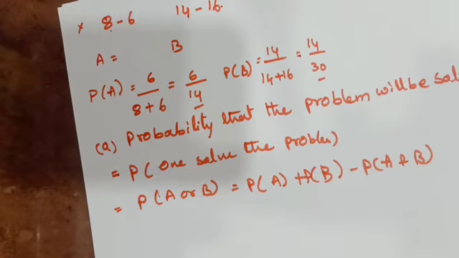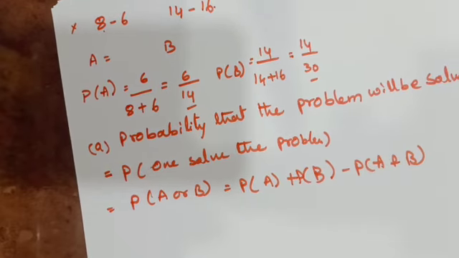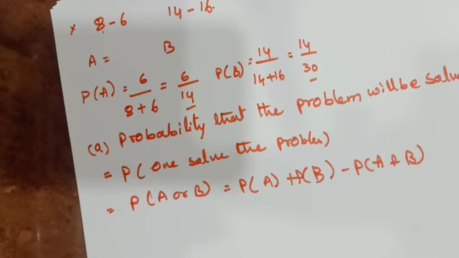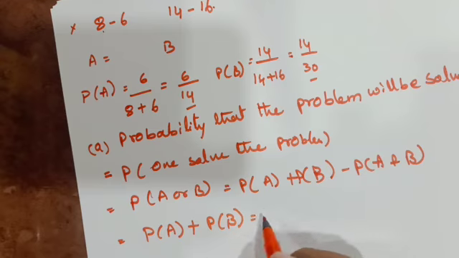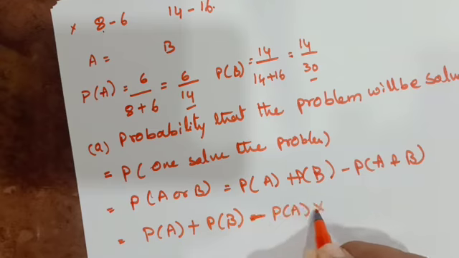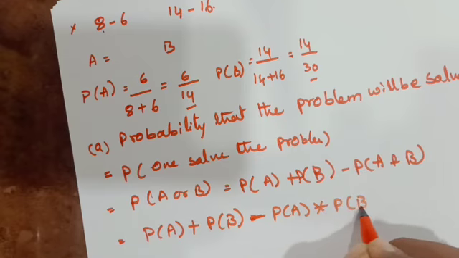Here, as the events are independent, how am I rewriting this? P of A plus P of B minus P of A into P of B, because the events are independent.